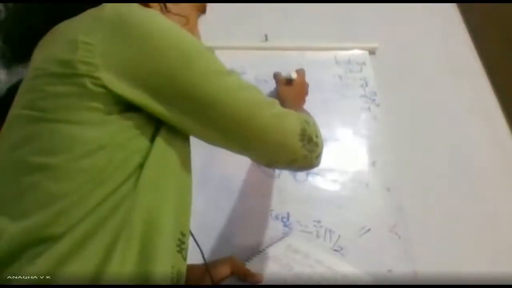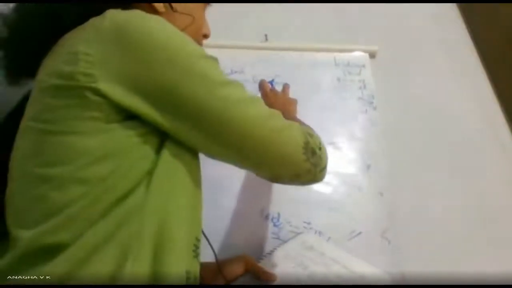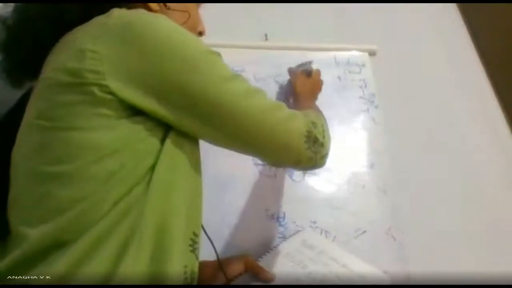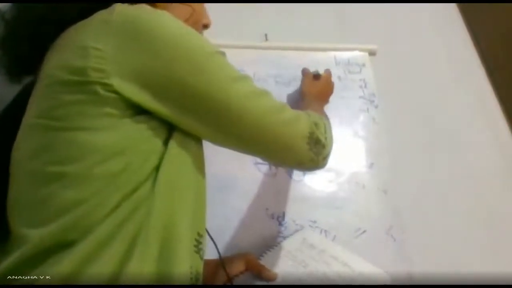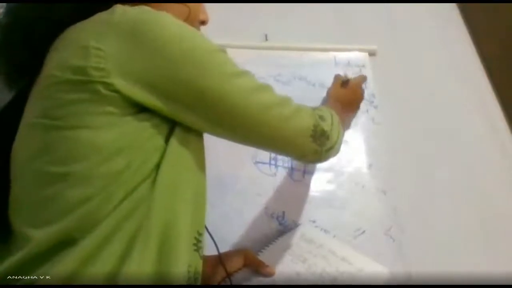So here, what is the equation of the field? The field equation you already studied. What is E? E equal to minus E1, minus in the sense this is out of phase, e raised to minus j psi by 2 plus E2 e raised to j psi by 2.